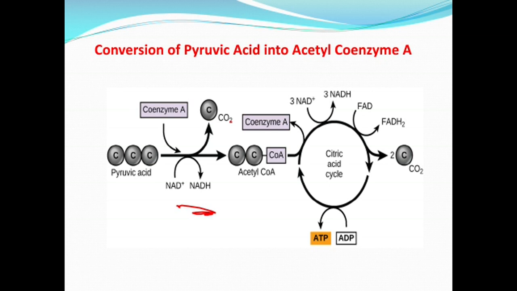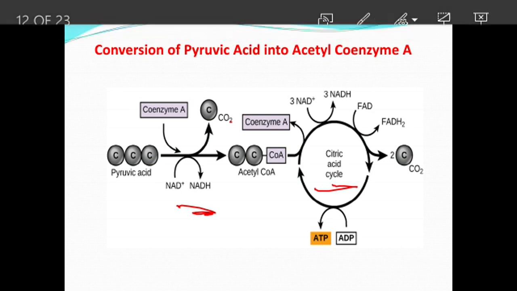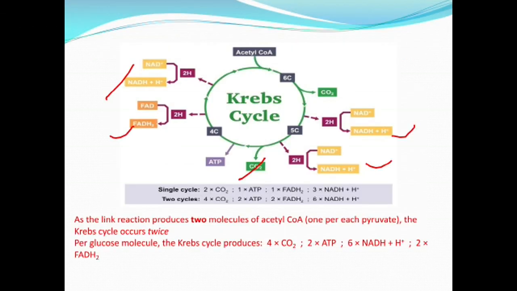Now, from there it enters inside the mitochondria, that is the crista of the mitochondria, where which cycle starts? Citric acid cycle, which is also known as Krebs cycle or TCA, that is tricarboxylic acid cycle.